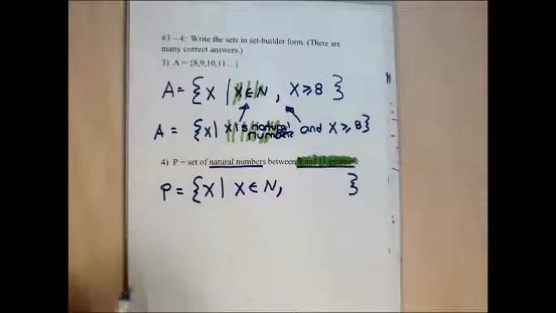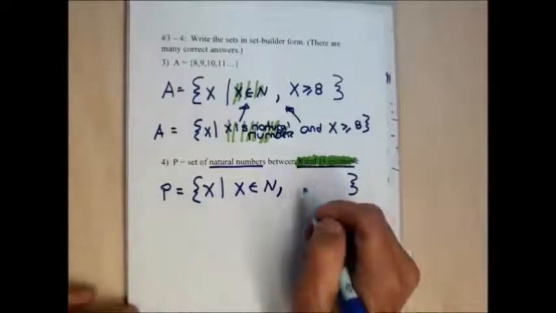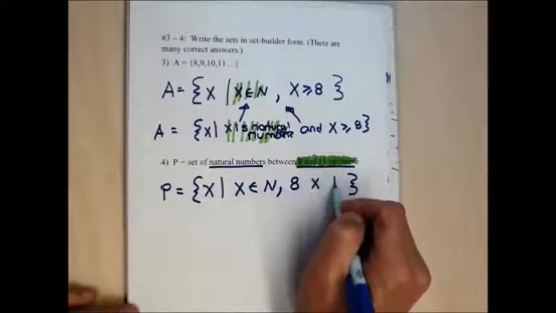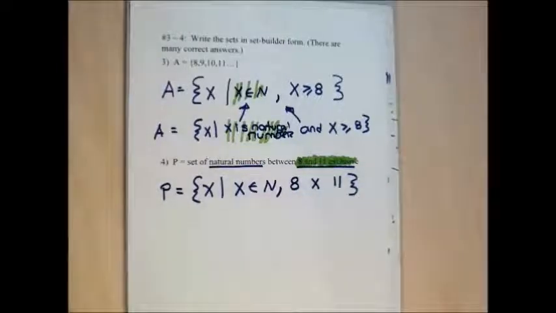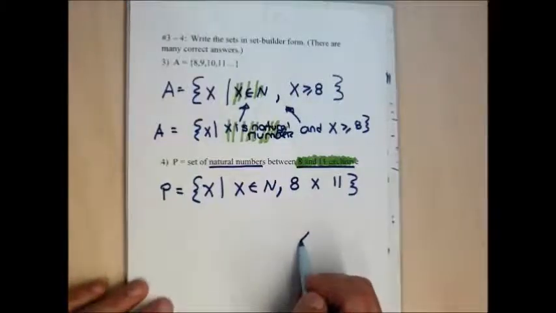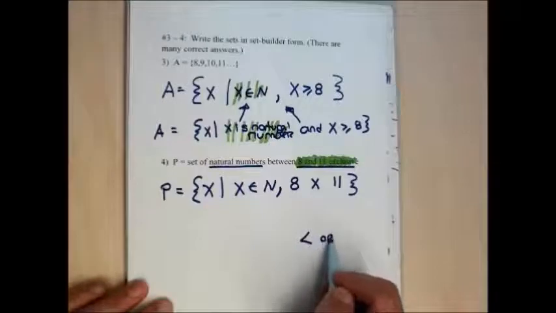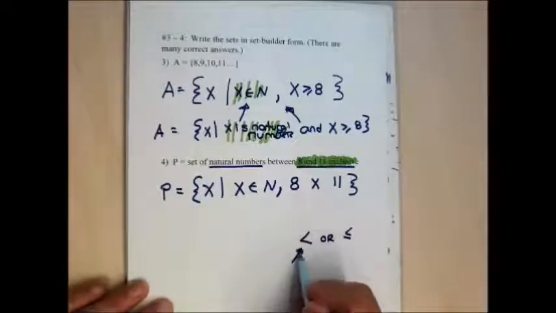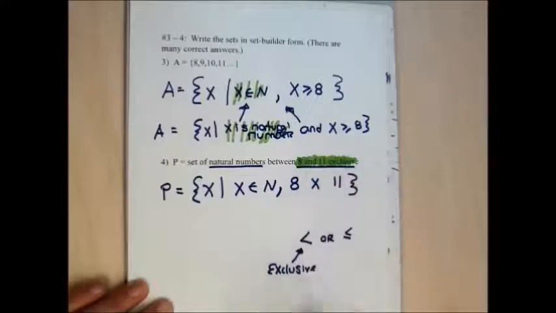Usually in these set builder notations where we have a range of numbers, we have a highest and a lowest number, we put an x between the highest and the lowest number, and the only kinds of symbols that we put between the numbers and the x's is either less than or less than or equal to. Less than would definitely fit when the word in the problem after the numbers is exclusive.